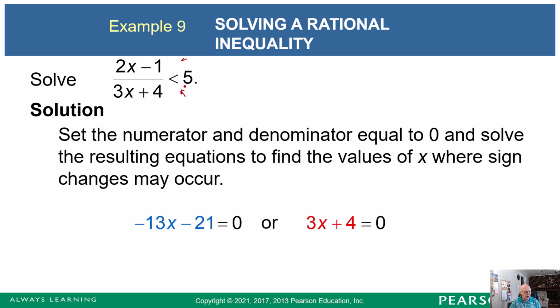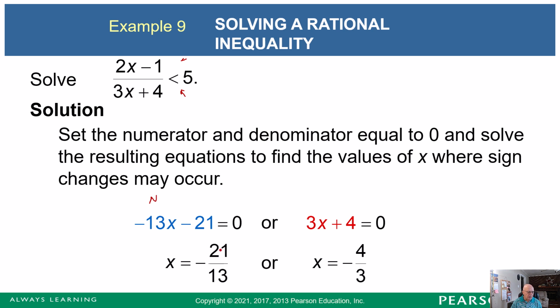Here are your 2. Here's the numerator. You'll be able to use those x's. And this one, it's from the denominator, so you will not be able to use those as part of your set. It just means that will be a boundary, but it won't be included in the actual problem.